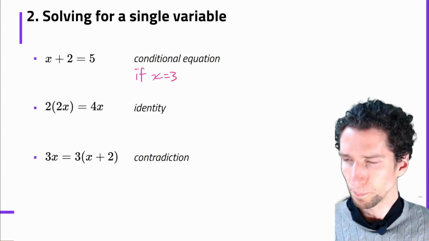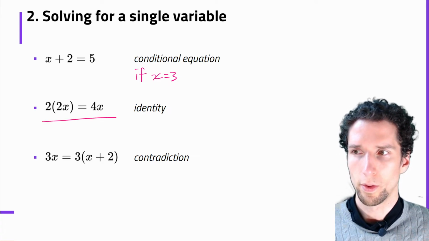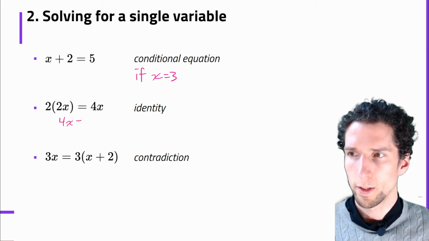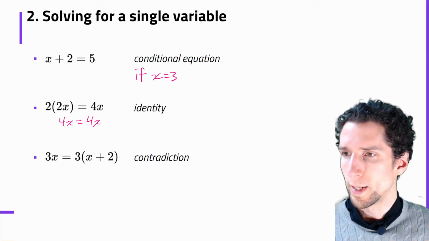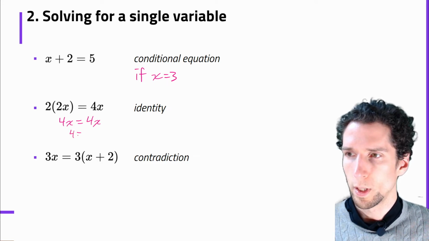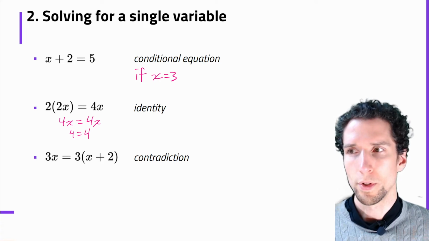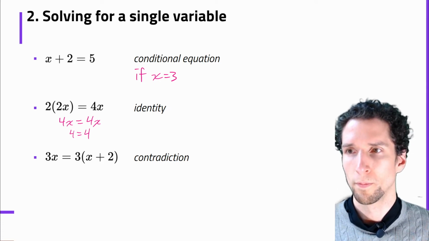We can have a situation like this one where we have simplified, that's just 4x is equal to 4x, and if we simplify some more, that's just 4 is equal to 4. Well, the variable is gone, so there's no variable creating a condition, so it's just always true.